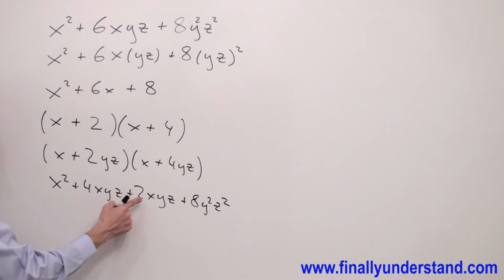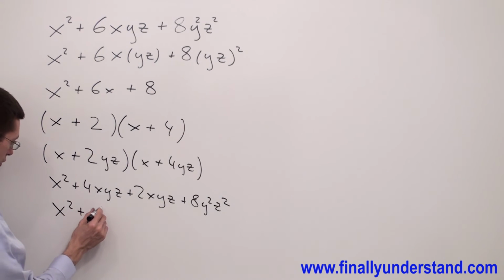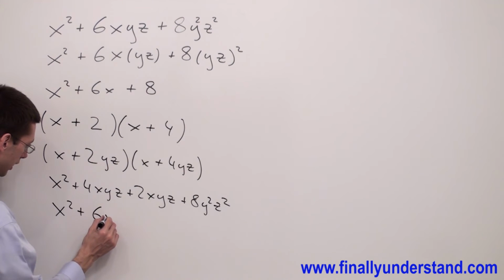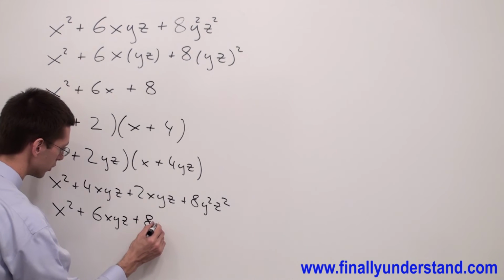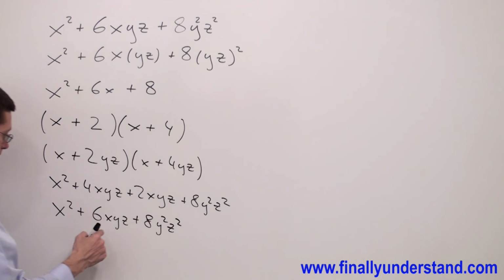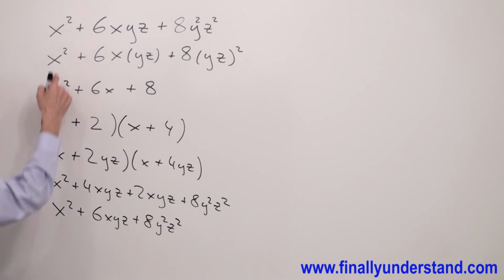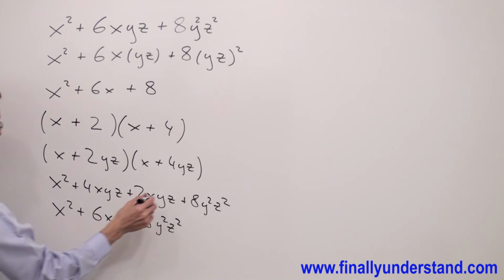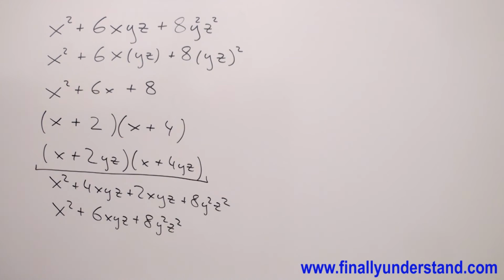We're supposed to combine the like terms, and I'm going to have x squared plus 6xyz plus 8y squared z squared. Please look at this trinomial and this one. Both of them are identical. It means that this is the solution to my problem.